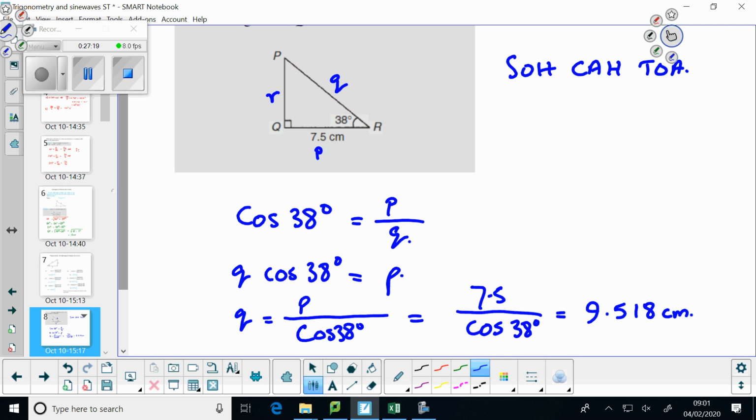Okay. Now, what's the ratio that you would use to calculate r? What ratio would you use to calculate r? Yeah. Okay, you could use Pythagoras. What ratio could you use?